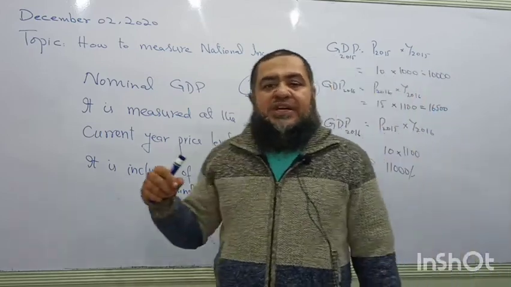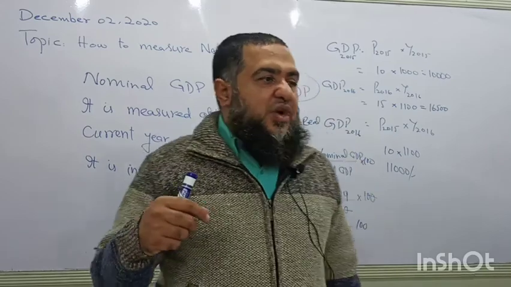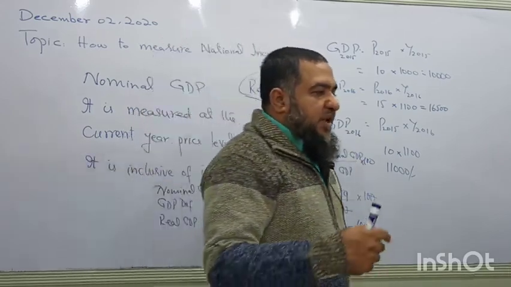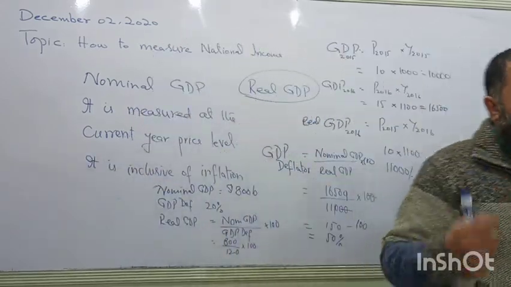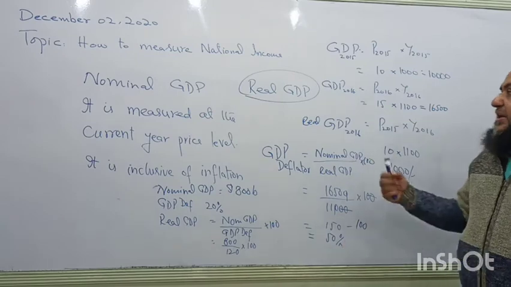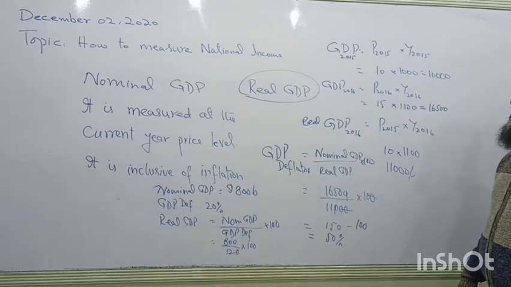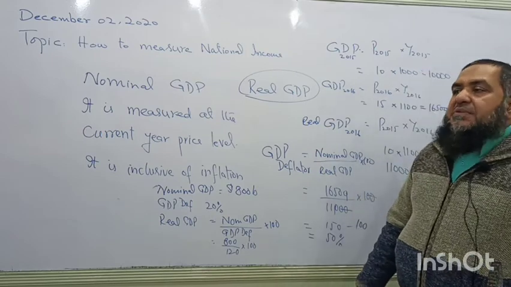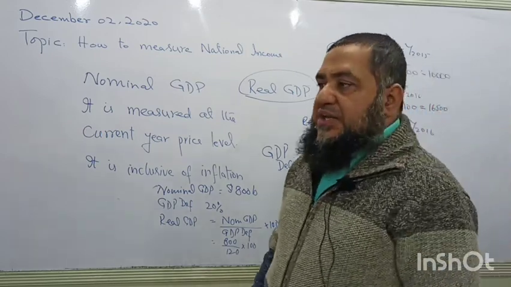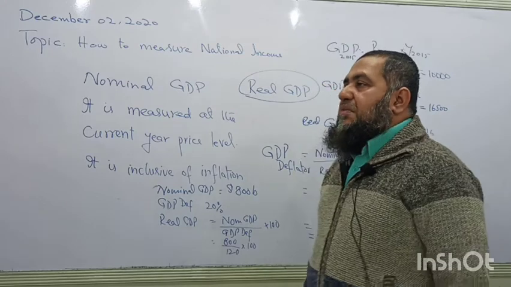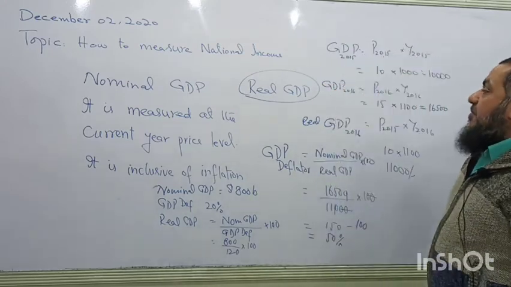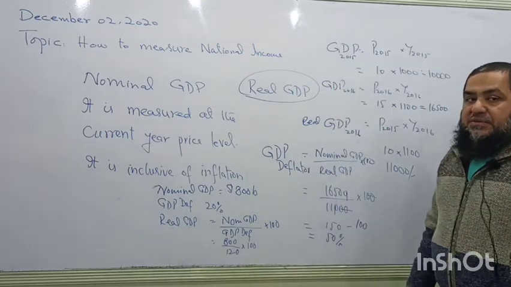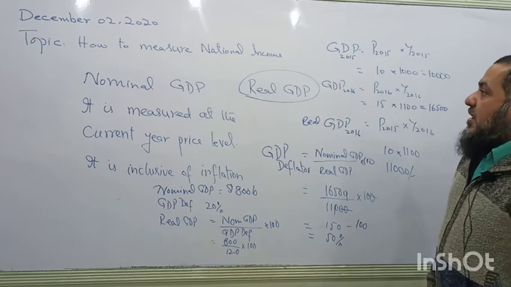If the growth rate in real GDP is higher than the population growth rate, it shows that this country is showing us an increase in the material welfare of people. On average, their earnings are increasing as their real GDP is growing faster than the population growth rate in terms of percentages. That's all for today.